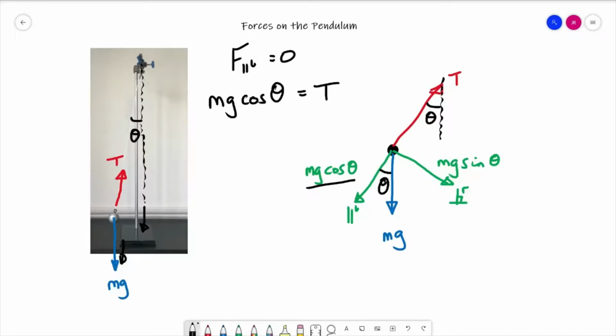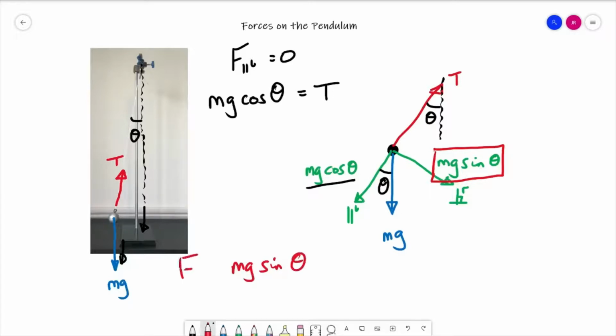When we come back to the diagram, those two forces, so the mg cos theta and the T, are therefore cancelling each other out. What we're left with then is that the only force, or the net force I should really say, that is acting on the bob, on the pendulum, is mg sin theta.